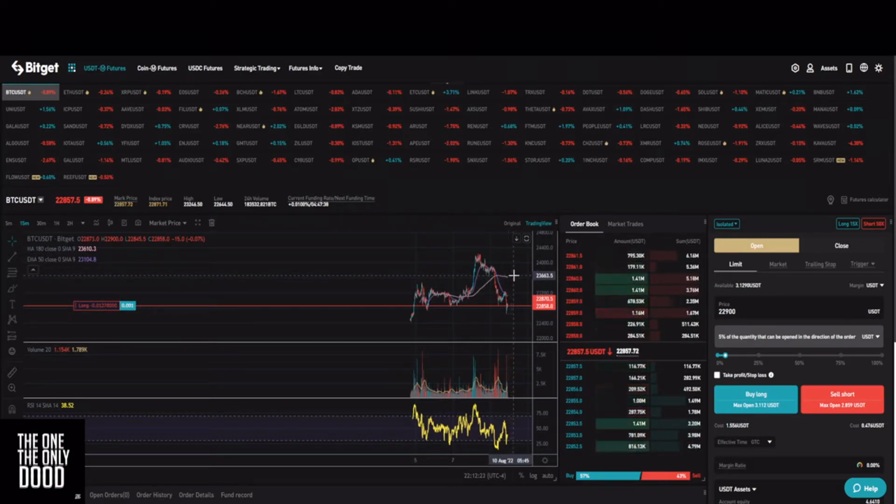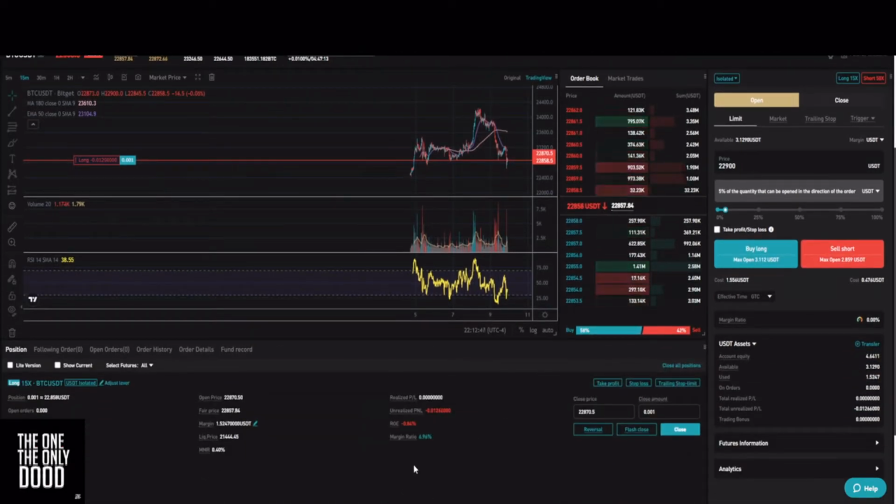If price went up to here, and I did a long again, my entry would then move halfway down here. So now if Bitcoin were to drop over here, then I will start being negative. So that's why you always want to add to your position when it's at a perfect location or price, instead of adding later on at a horrible entry. Okay. So yeah, that's that.